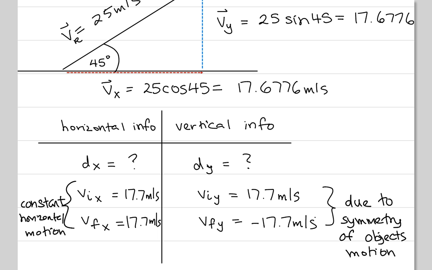Okay? And the last thing you can say is, well, if the x velocity never changed, the horizontal acceleration must be 0, and we know this already. And the vertical acceleration is, of course, going to be your force due to gravity. And that's all we know. Question? Yeah. This is all we know.